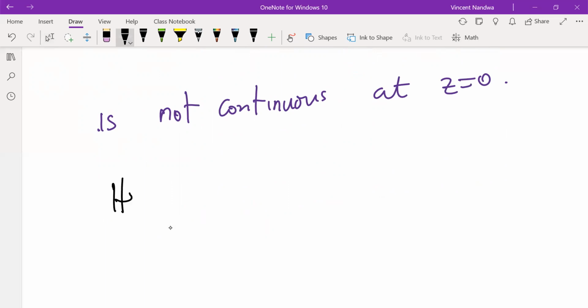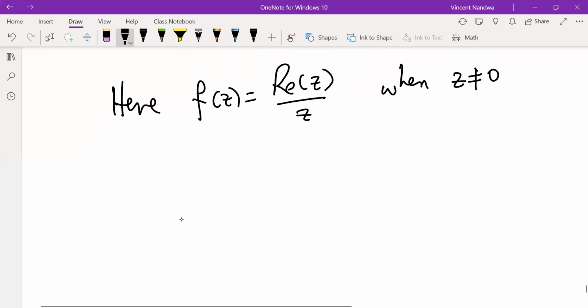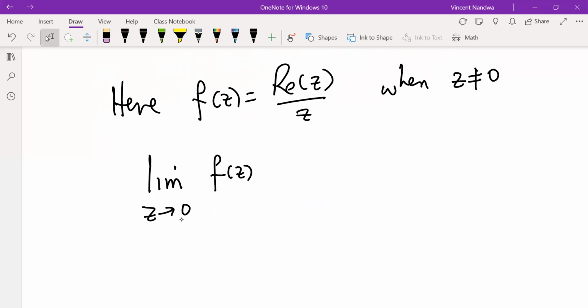So here, f of z is given by real part of z over z when z is not equal to 0. Now, limit as z approaches 0 of f of z will be limit as z approaches 0 of real part of z over z itself.